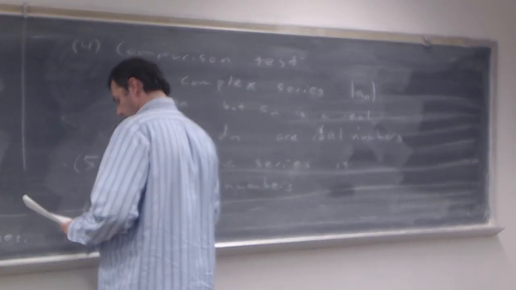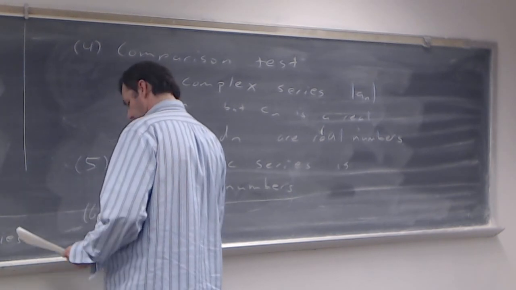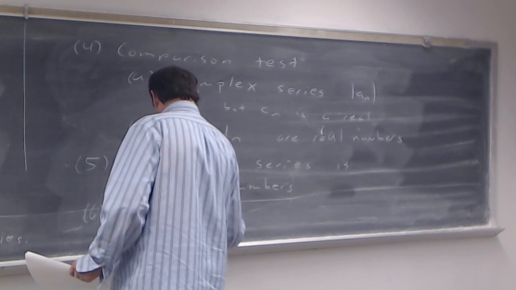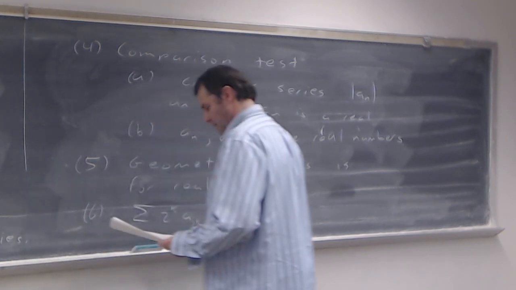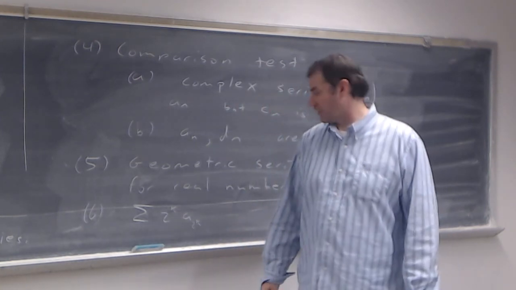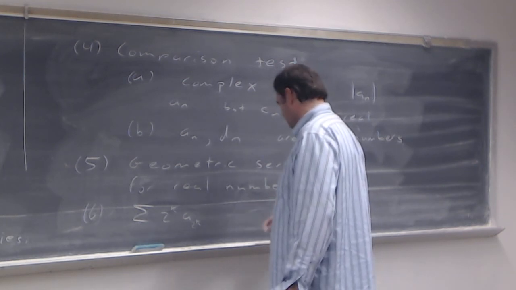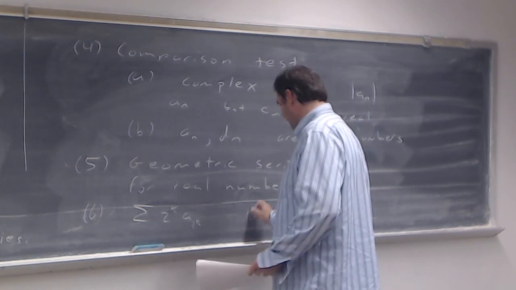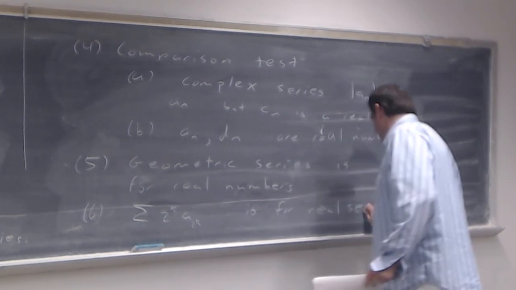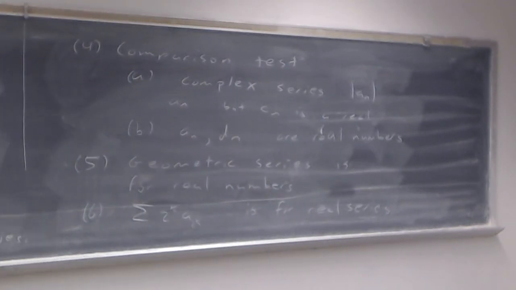Sixthly, this Cauchy theorem about this 2 to the k, a sub 2 to the k series, telling us whether or not the series of a sub n converges or not, is for real series. And then we got the root and ratio test.